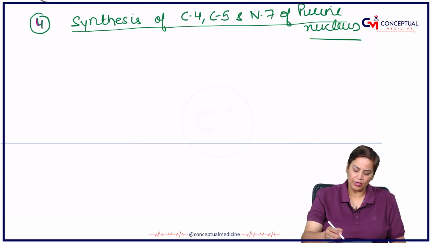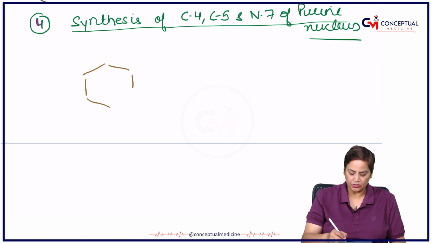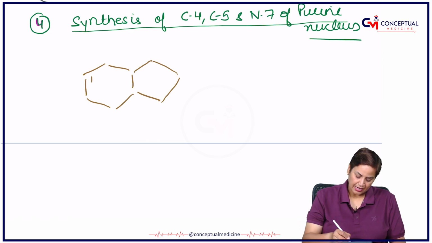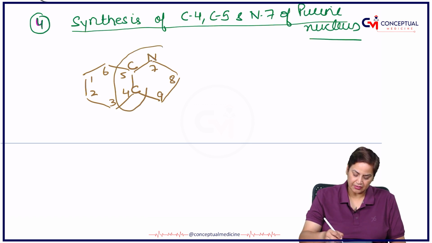Right, and we all know if we talk about purines, purines have an extra imidazole ring like this. Numbering starts like this: 1, 2, 3, 4, 5, 6, 7, 8 and 9. So C5 and N7, this chunk comes from glycine.